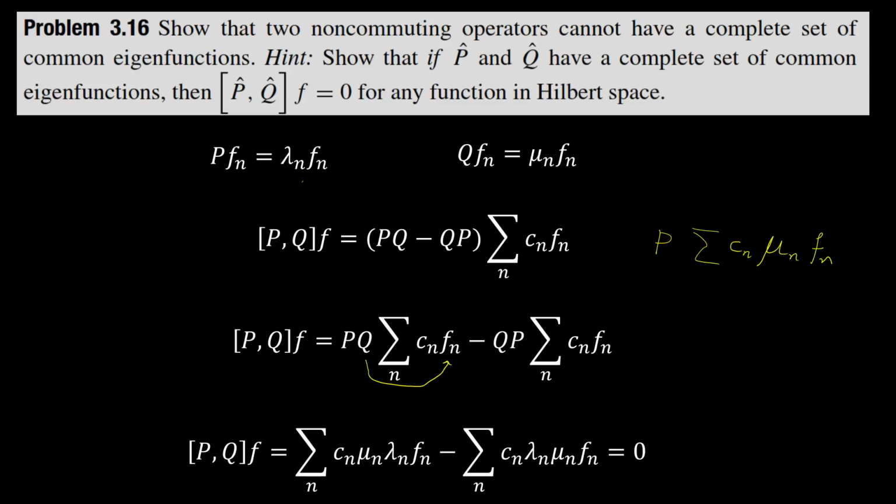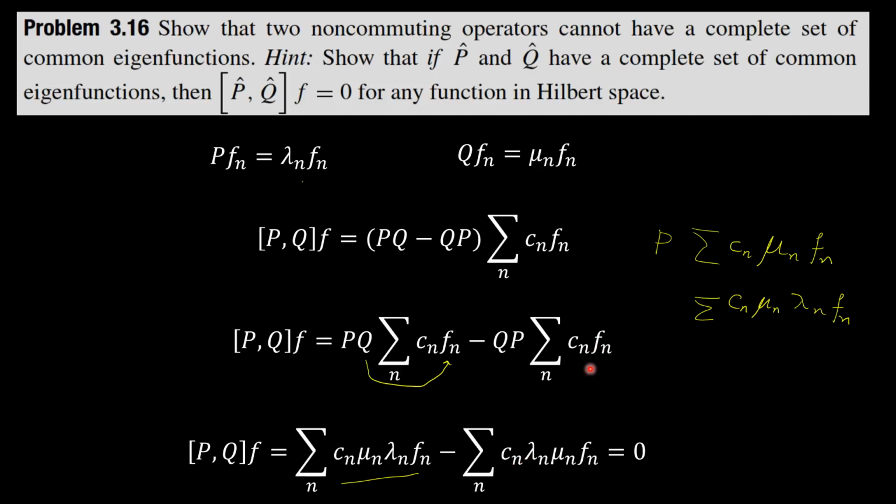Now what will happen when p acts on f n? c n and mu n are constants, you can take them out. Then when p acts on f n, you will get the eigenvalue lambda n. So this is equal to lambda n f n, and that's what I have written: c n mu n lambda n f n. Similarly, in the second term, first P will act, so you will get lambda n.